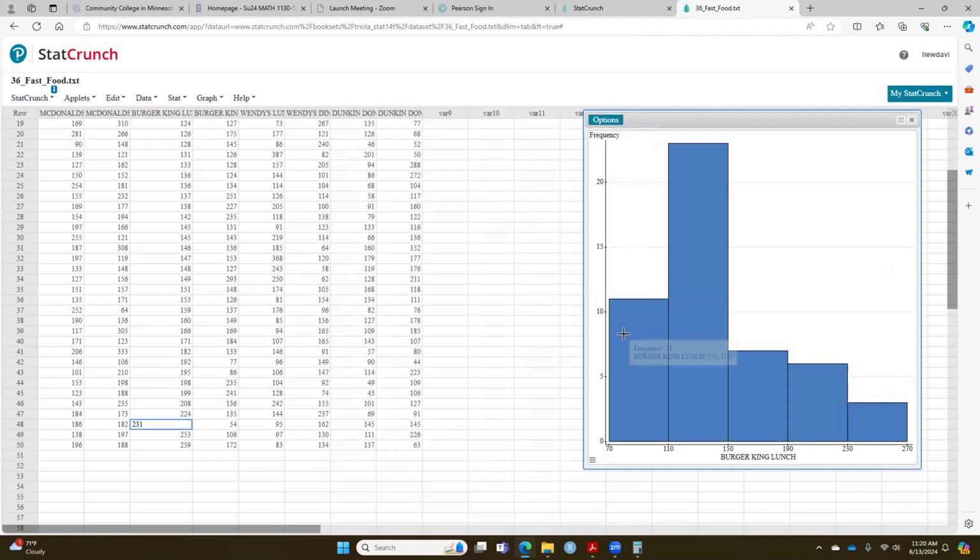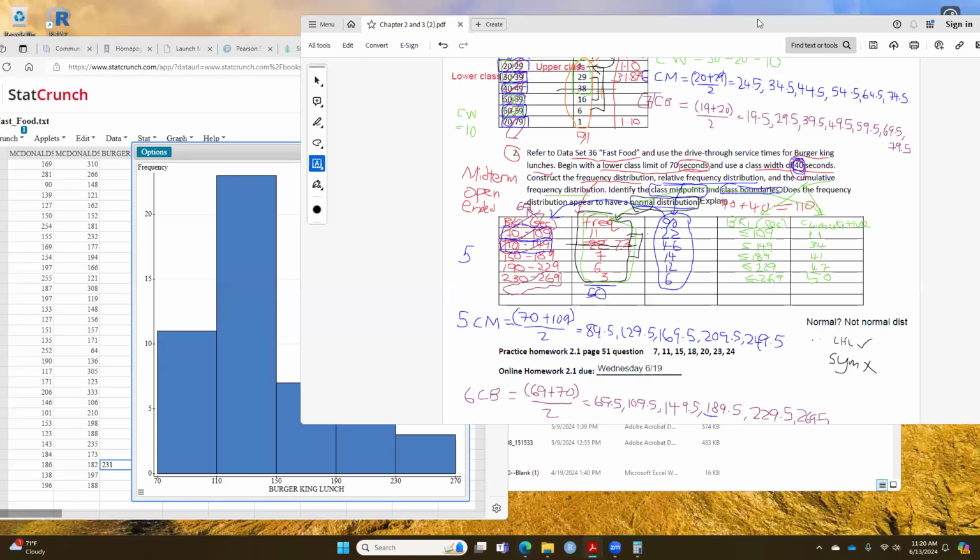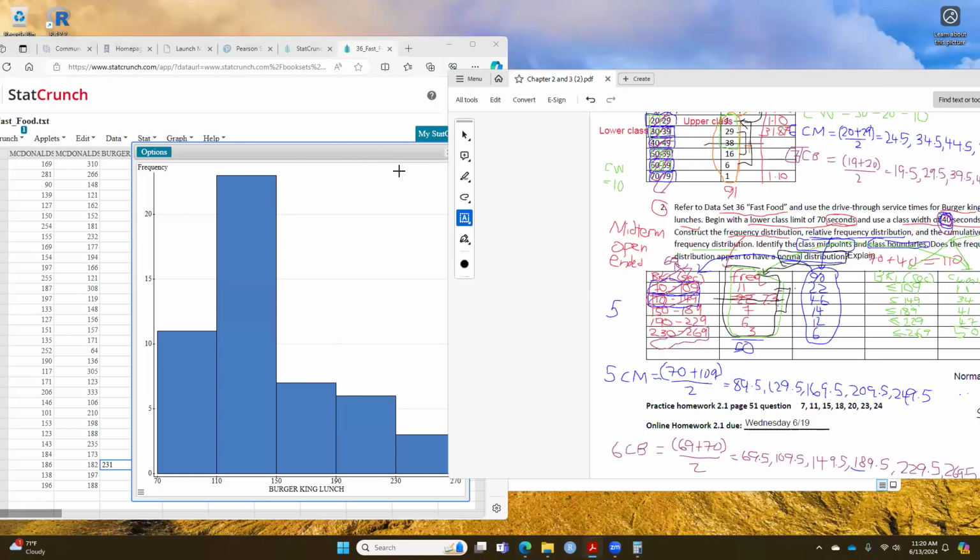If you hover over the first one, it's 70 to 110. I'm going to show that side by side so you can see the frequency we have. So 70 to 110 is 11. So 70 to 109 is 11.